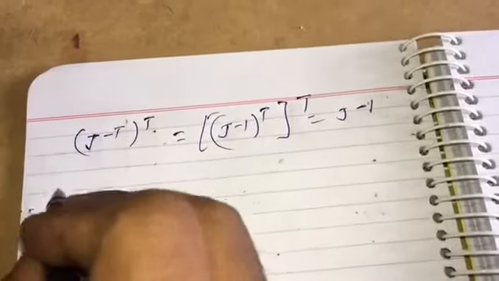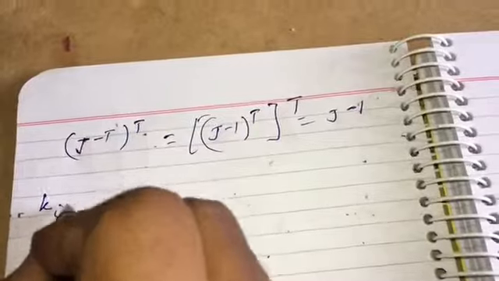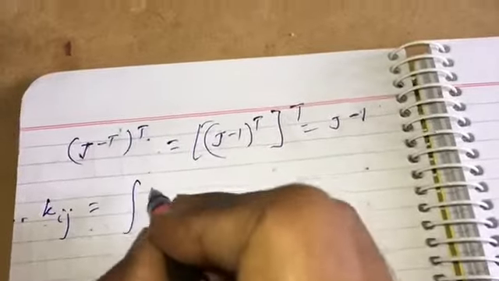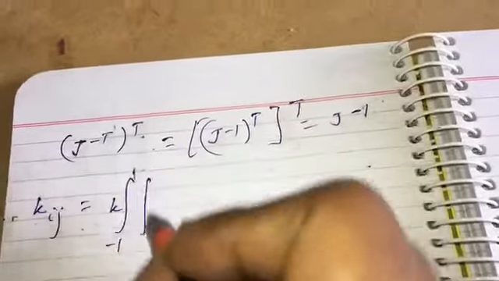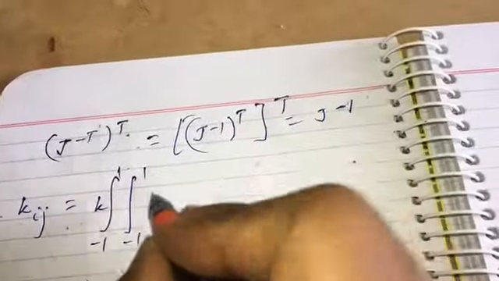So finally, Kij is given by a small k, integral minus 1 to 1, minus 1 to 1.